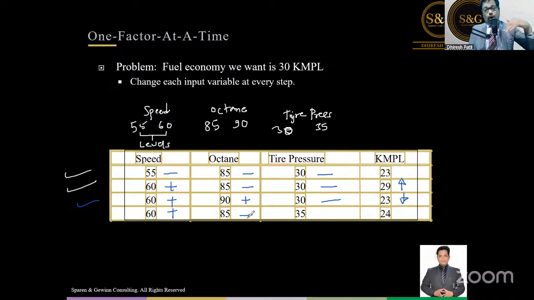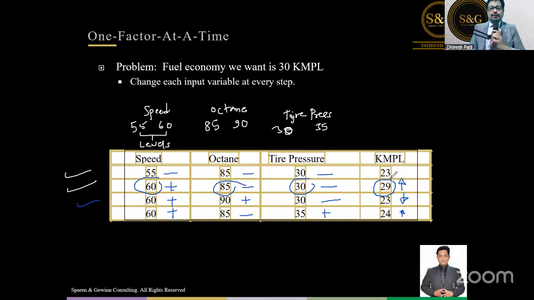Increment in the octane rating is not giving us a positive result, so they keep it again at the lower setting, and then they increase the tire pressure and they found a little bit of improvement. Now the best setting out of this is 60, 85 and 30, which has resulted 29, which is very close to the target. So they decided that this is our best setting.